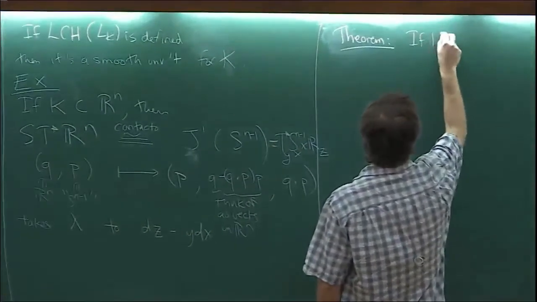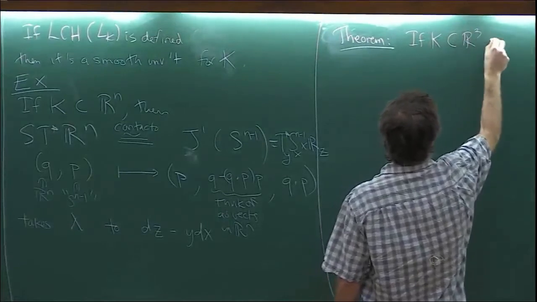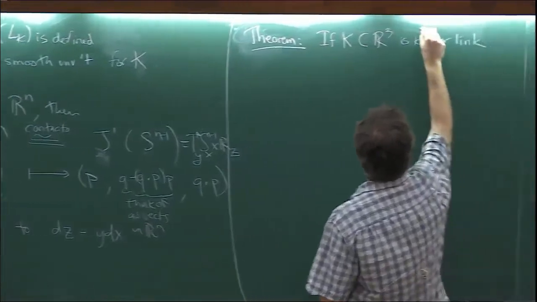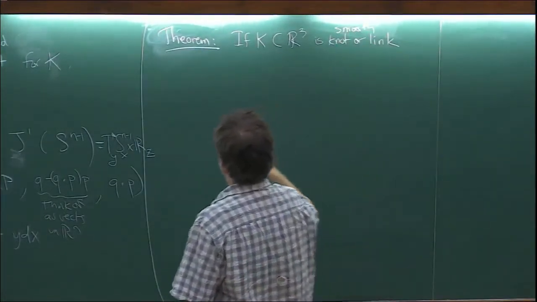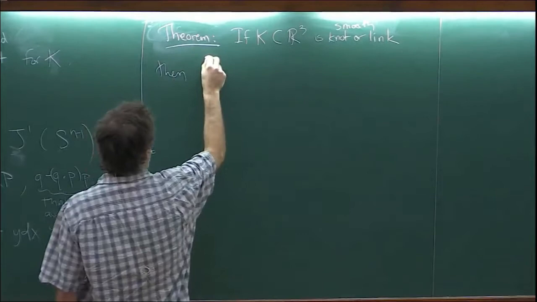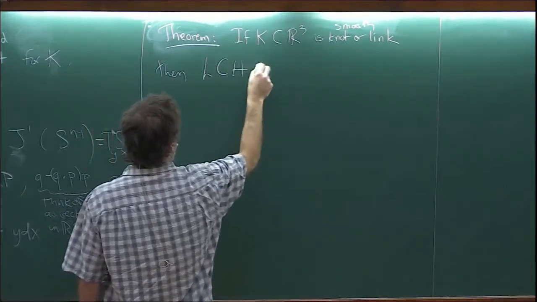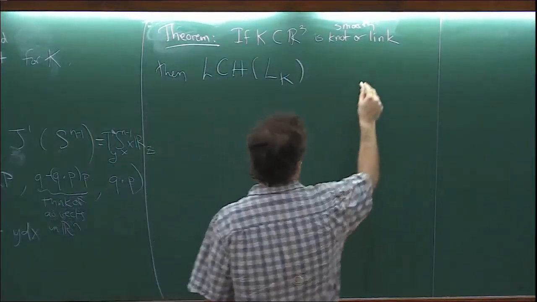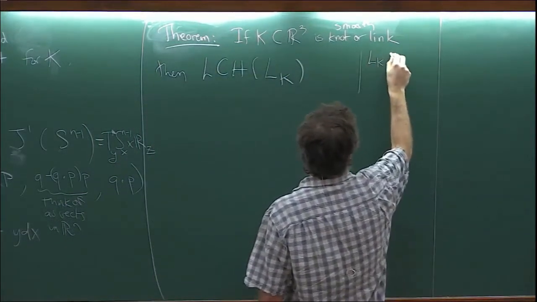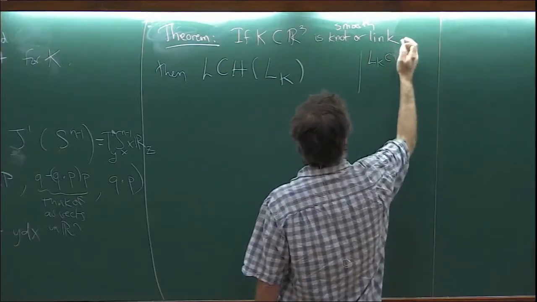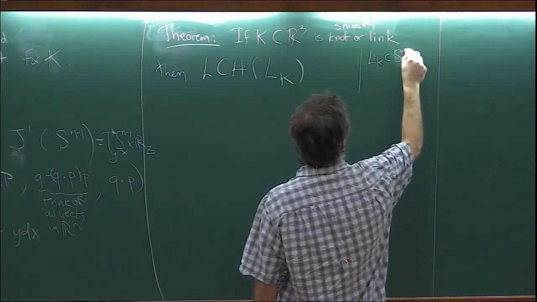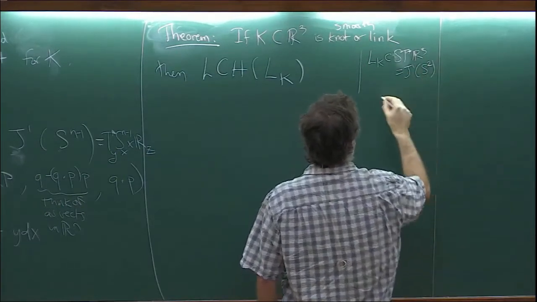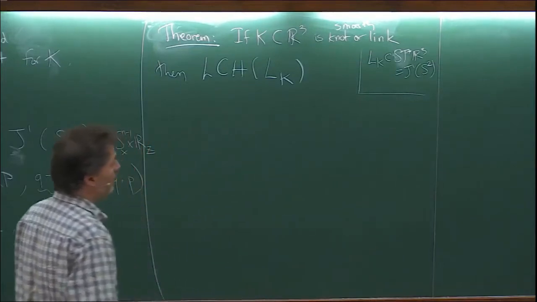Okay, so if K inside R3 is a smooth knot or link, then the Legendrian contact homology of this Legendrian, so here LK, we're thinking of it as a Legendrian in the unit cotangent bundle of R3, but this is actually also a Legendrian in the one jet of F2.